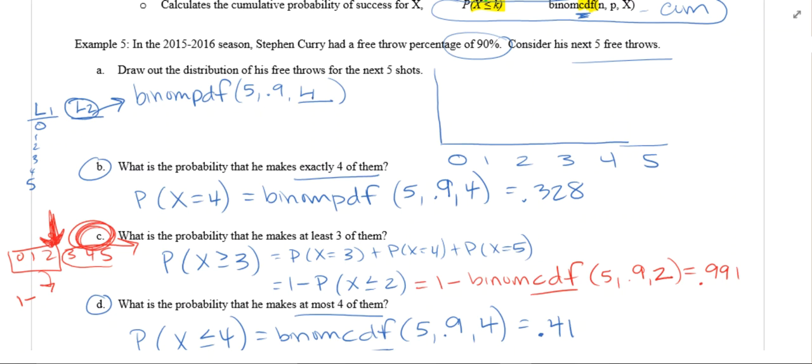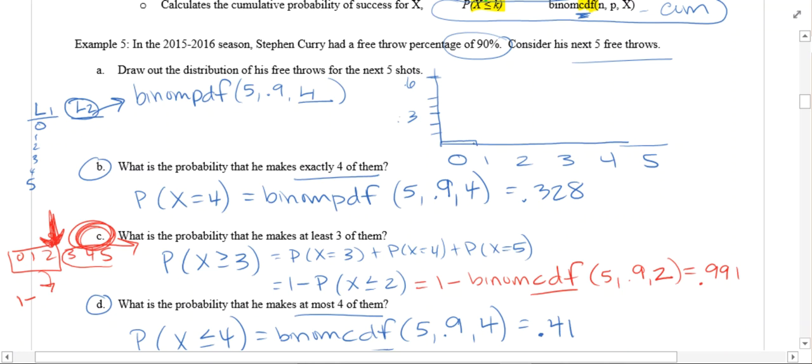The only reason I did it in the list is that it gives me each of those probabilities, and it's very easy for me to then draw the histogram. You can see the probability he makes all 5 shots is pretty high, 0.59. From 0 to 3, they're all really small.